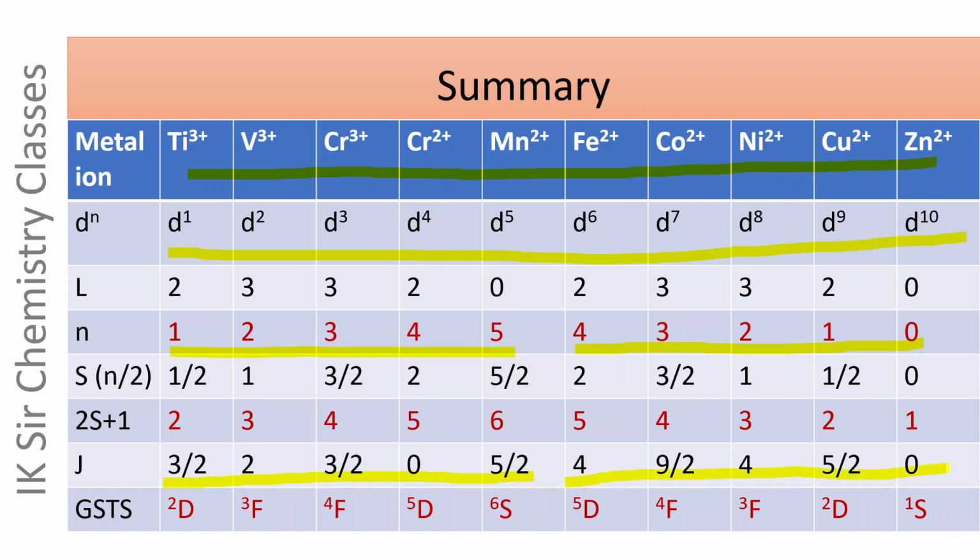For example, L is equal to 3 and S is equal to 1. The maximum value of J will be 4 for the ground state term symbol because the subshell is more than half filled, and these are the ground state term symbols for various transition metal ions of the 3d series.